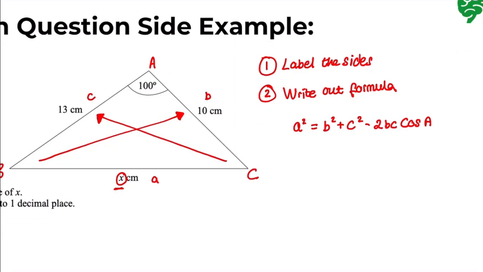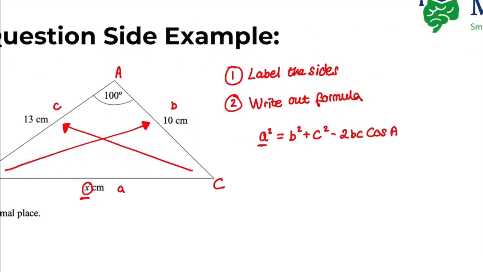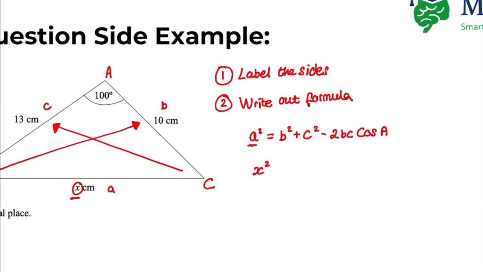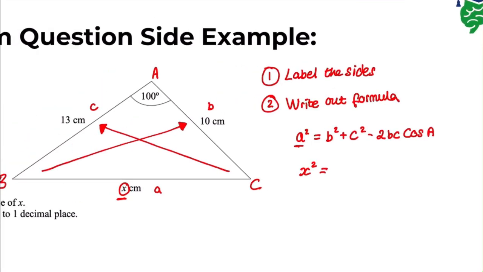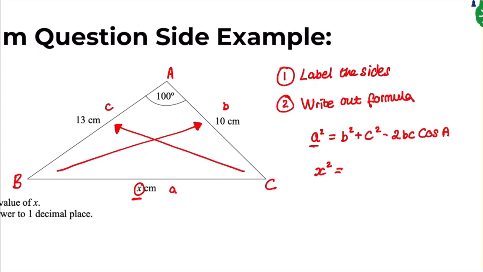So lowercase a is x. We label a with x, so we've got x squared equals b squared. Where's lowercase b? It's over here, it's 10. So we have 10 squared plus c squared. Where's c?